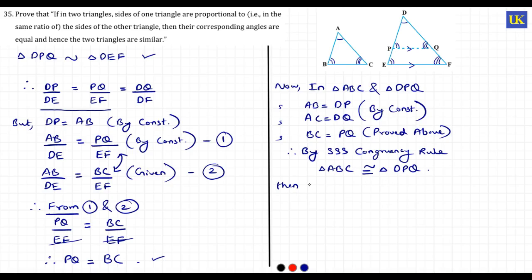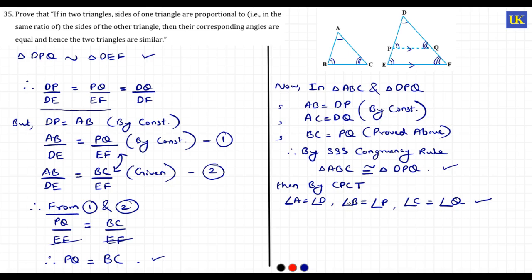Then by CPCT, we can say that angle A is equal to angle D, angle B is equal to angle P, and angle C is equal to angle Q. So A is equal to D, B is equal to P, and C is equal to Q. This is by CPCT, because once we prove that both the triangles are congruent, using CPCT we can say that the remaining things are equal.